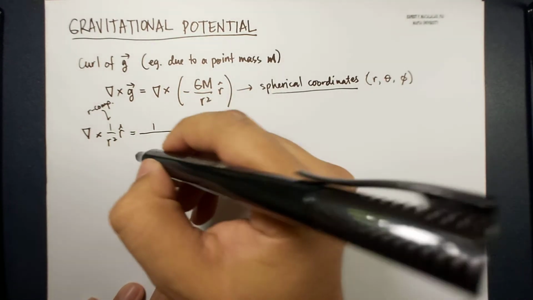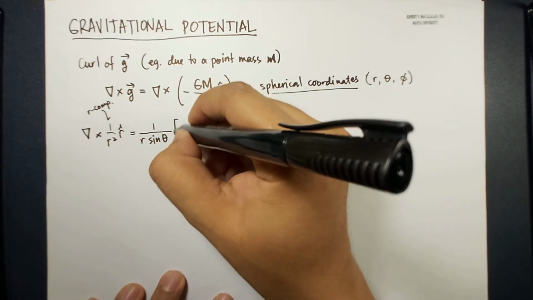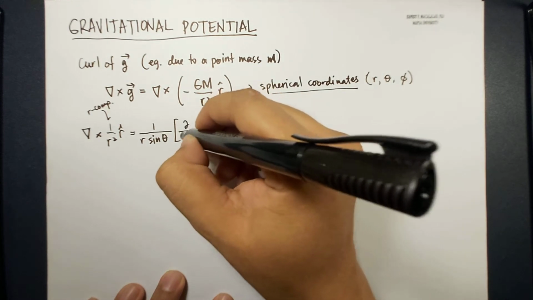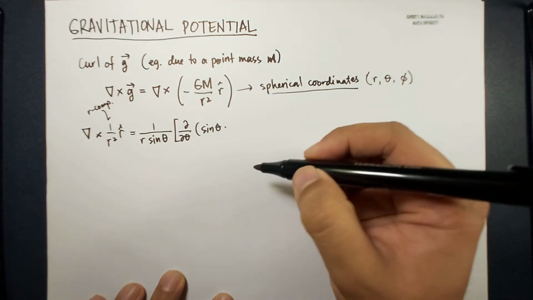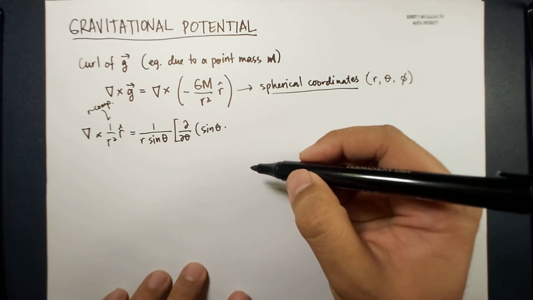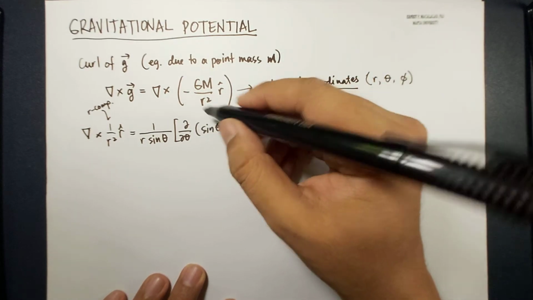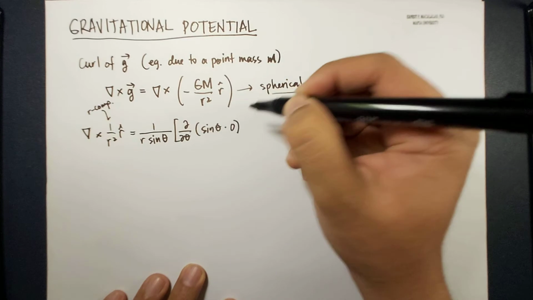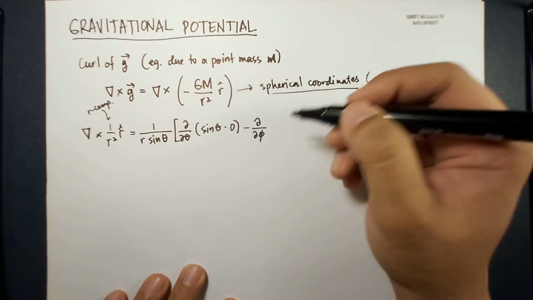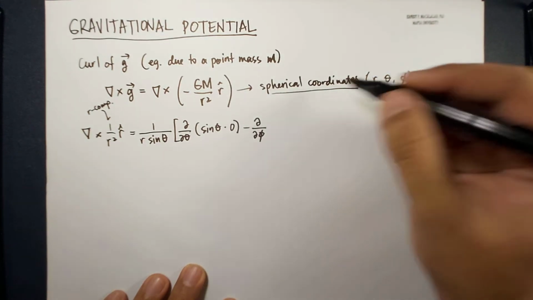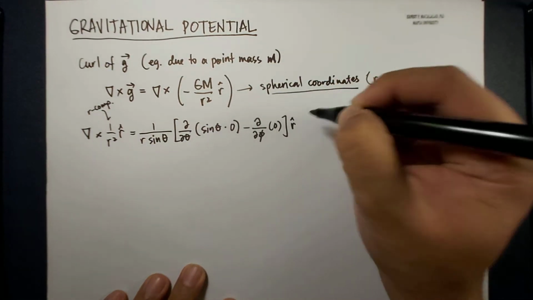So that's 1 over r sine theta times the partial derivative with respect to theta of sine theta times the theta component of your vector, which is 0, minus the derivative with respect to phi of the phi component of your vector, so that's also 0, r hat.